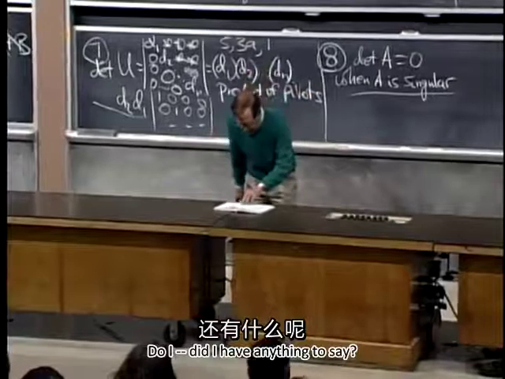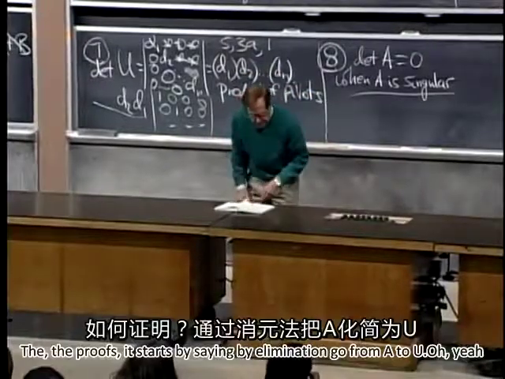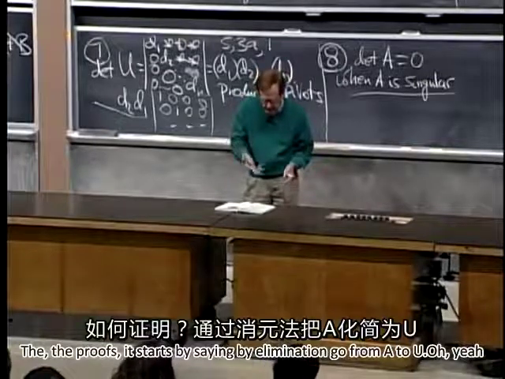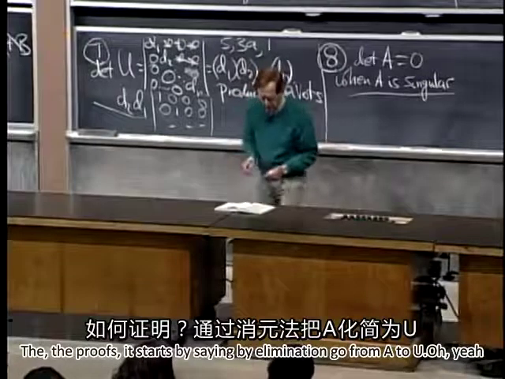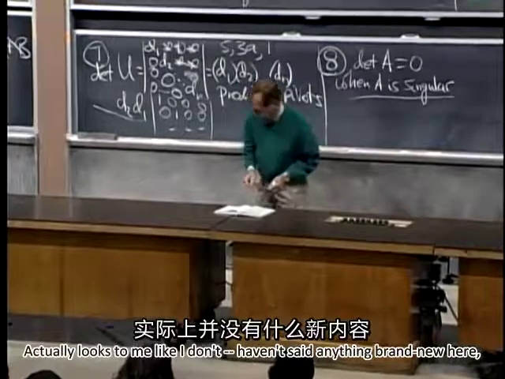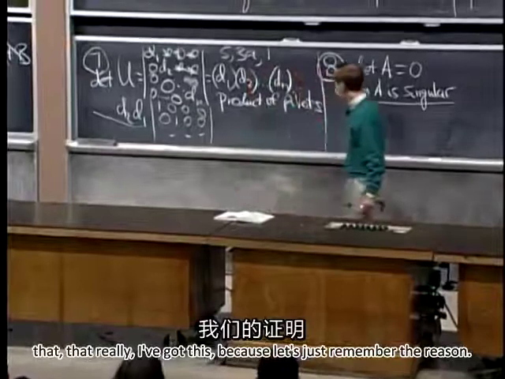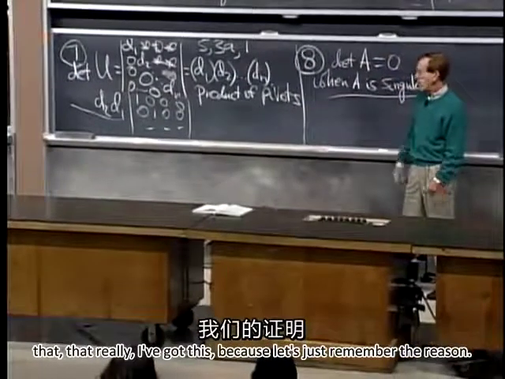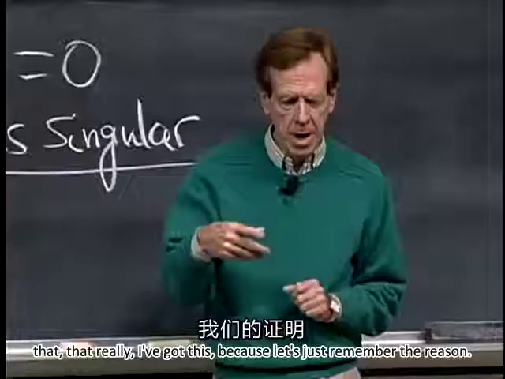Did I have anything to say? The proof starts by saying, by elimination, go from A to U. Oh, yeah. Actually, it looks to me like I haven't said anything brand new here. Let's just remember the reasoning.